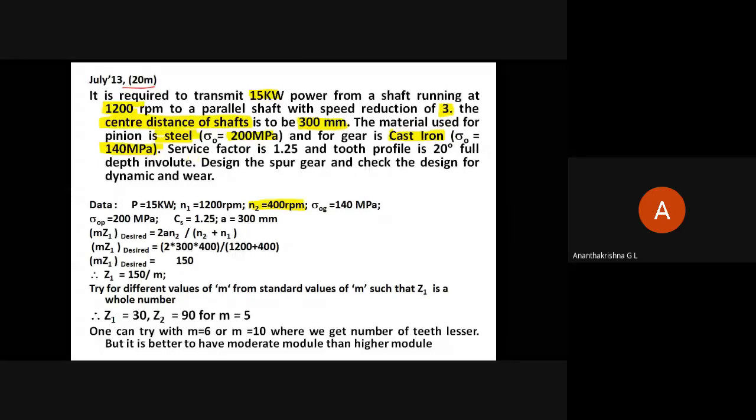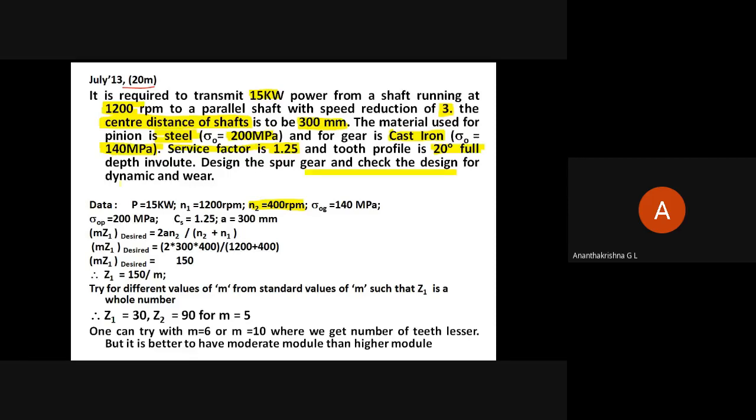Service factor CS is 1.25. Tooth profile is 20° FDI. Design this pinion and gear and check the design for dynamic and wear loads. Okay, note down the problem.